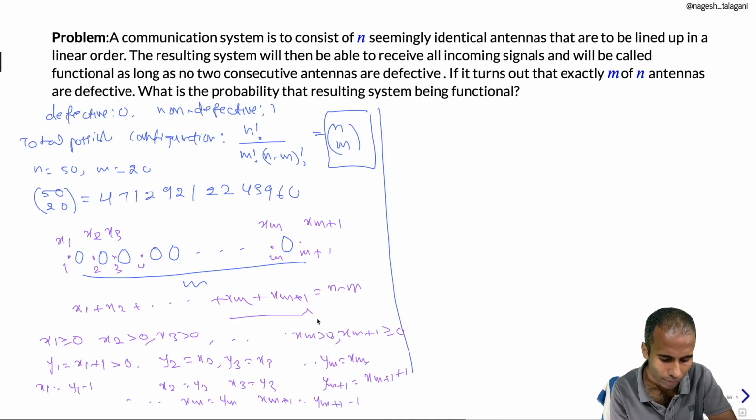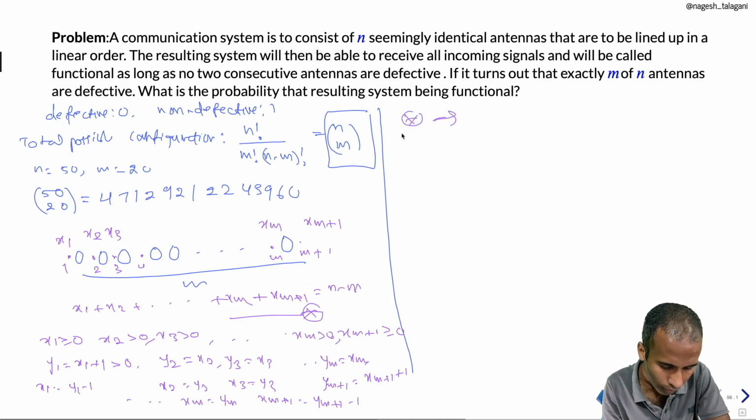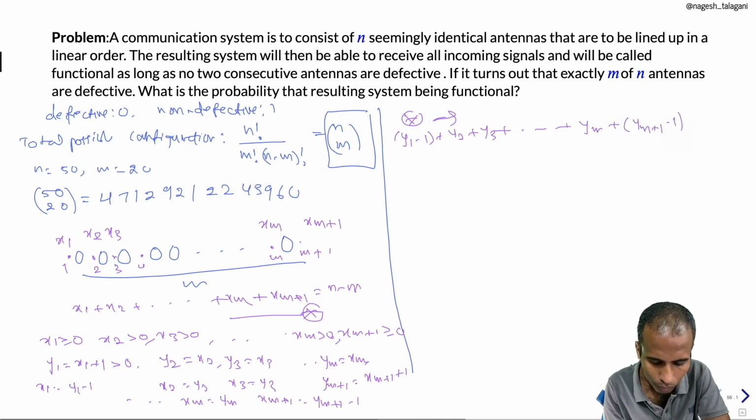Let's convert the equation. Now x1 I replace with y1 minus 1, plus y2 plus y3 plus so on, ym plus 1 minus 1, equal to n minus m.